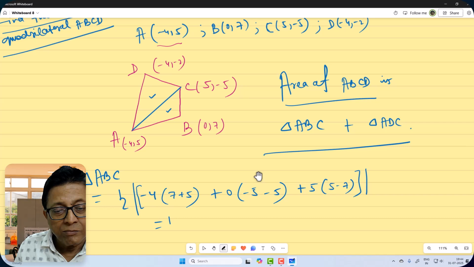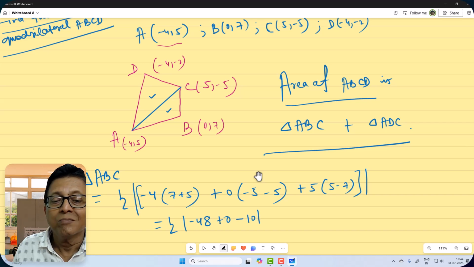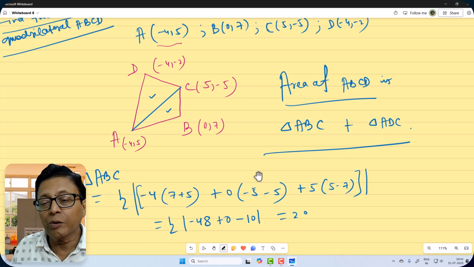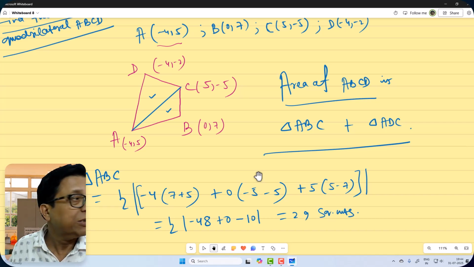Okay? So there will be half mod of, so 58 by 2, 29 square units.